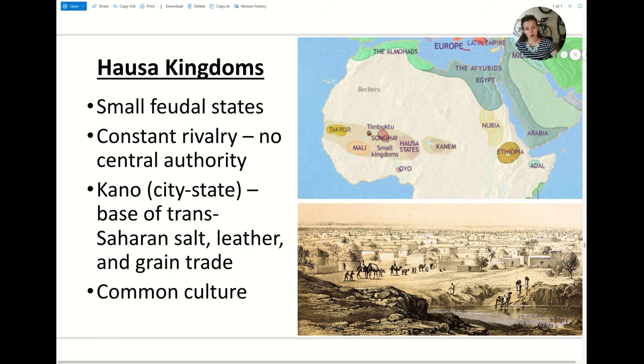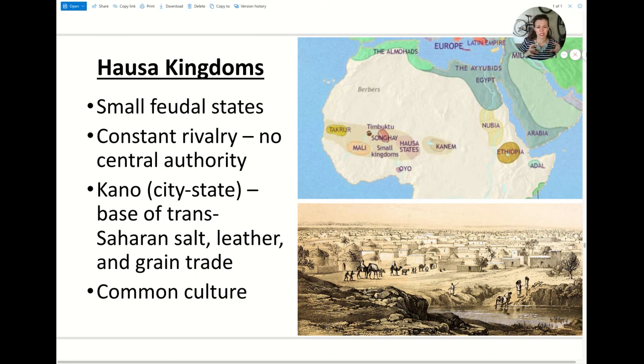They are going to be formed by the Hausa peoples between the 8th and 10th centuries. So think 700s to 900s. They are located in modern-day Nigeria and all the way out to Sudan. They're going to include the city-states of Kano, Biram, Katsina, and Zaria.